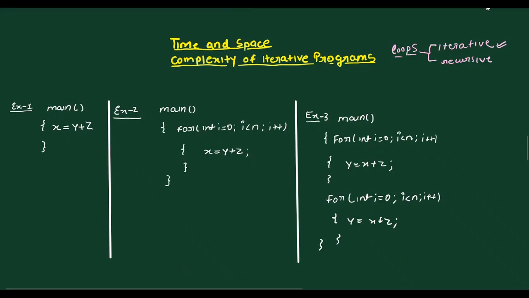In the first question, we have a main program in which there is a variable x which is assigned a value of y plus z. As you know, this is an addition operation and it will take some constant time to complete, and then there will be an assignment which is another constant time. So this entire operation in general is a constant time operation.